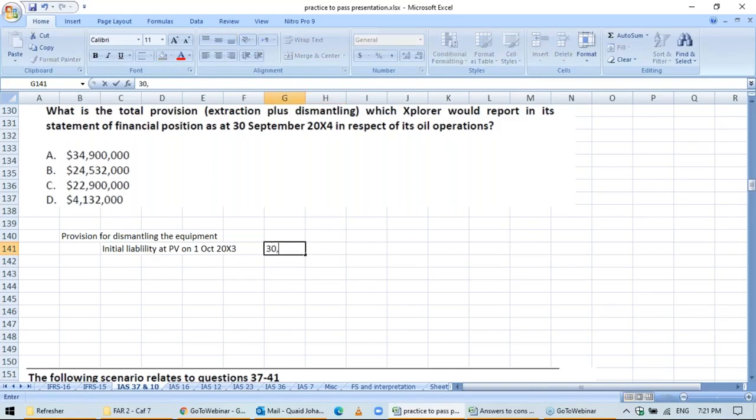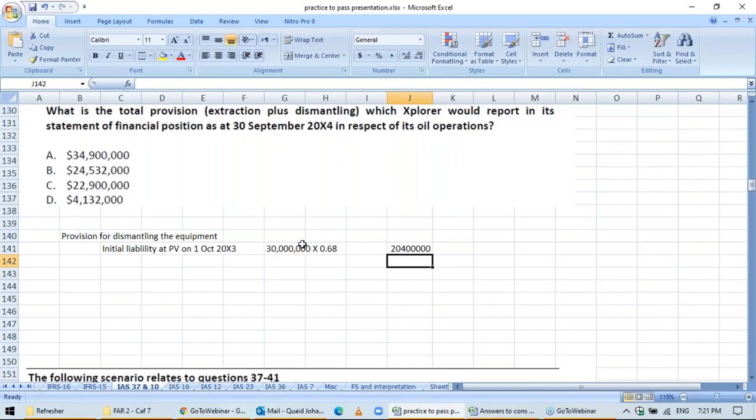So 30 million will be the payment after 5 years' time. But you have to record that if anyone asks you for the payment immediately on 1st October, how much will you pay? You will be paying just 68 cents right now. You won't be paying the interest. That's what I mean to say. So this is discounting. So the liability will be recorded at 20.4 million. Now they are asking you to calculate the liability on 30th September 20x4.